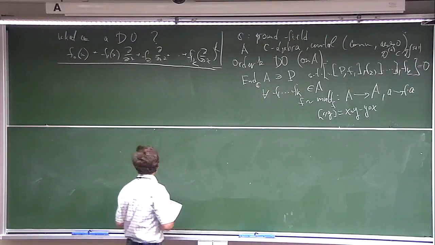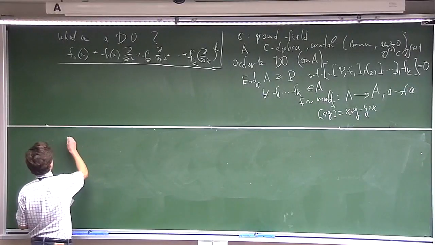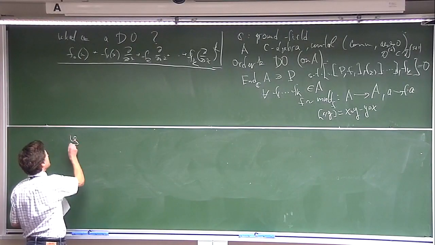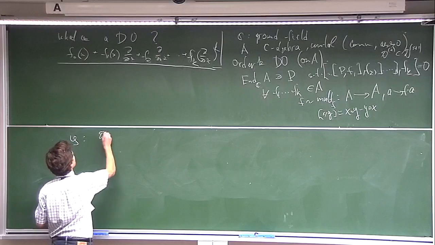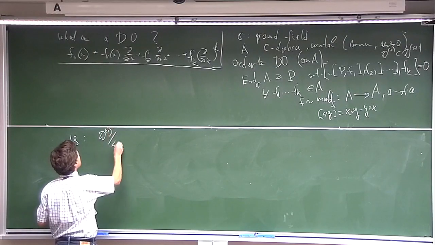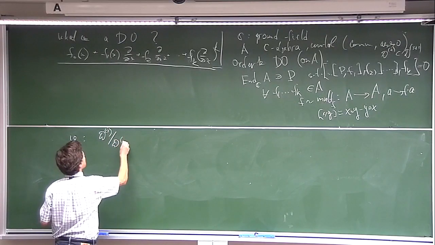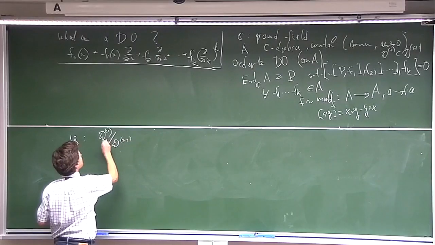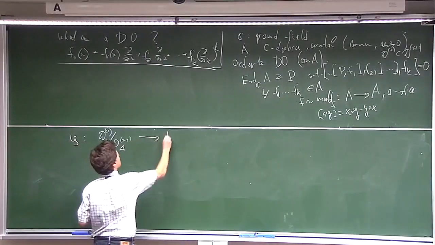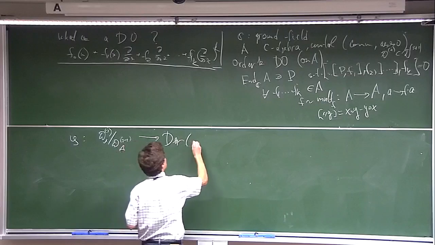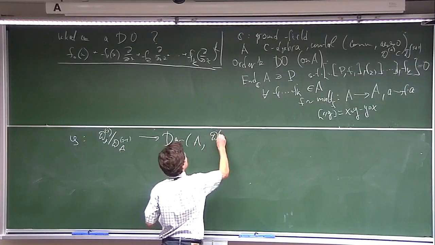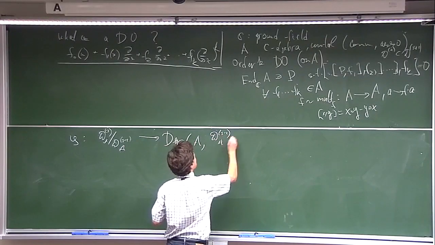All right, so I actually have a map from the quotient to the space of derivations from A to the quotient.